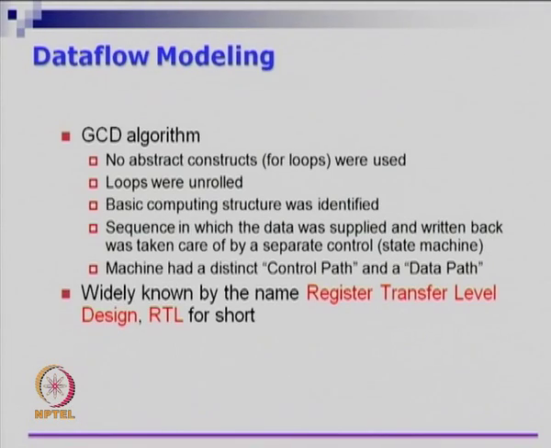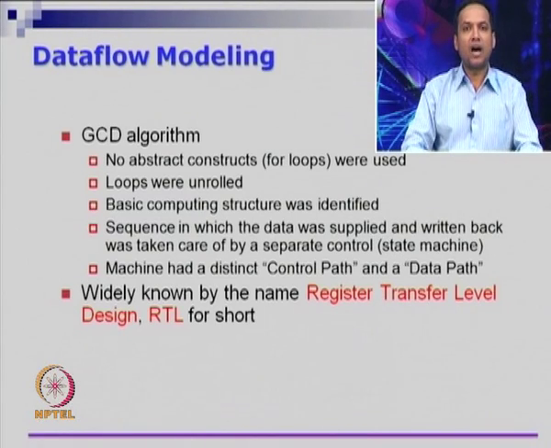And finally, we identified the basic computing structure and we had a sequence running through it. So, where we take a problem and divide it into a distinct data path and a control path, such a design would be called RTL design. This is something that you may see in job postings and what not. RTL design essentially means register transfer level design.